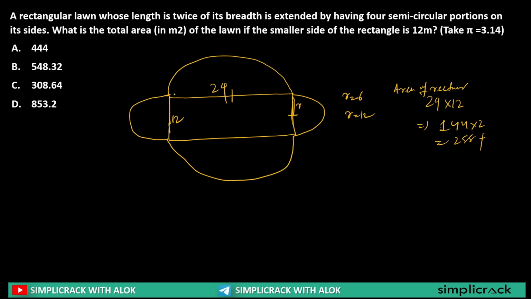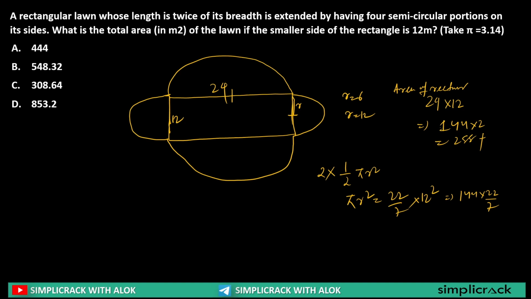Plus, the area of this and this will be equal, so it is 2 into half into pi r square, because these are semicircles, so it is pi r square, that is 22 by 7 into 12 square, which is 144 into 22 by 7.